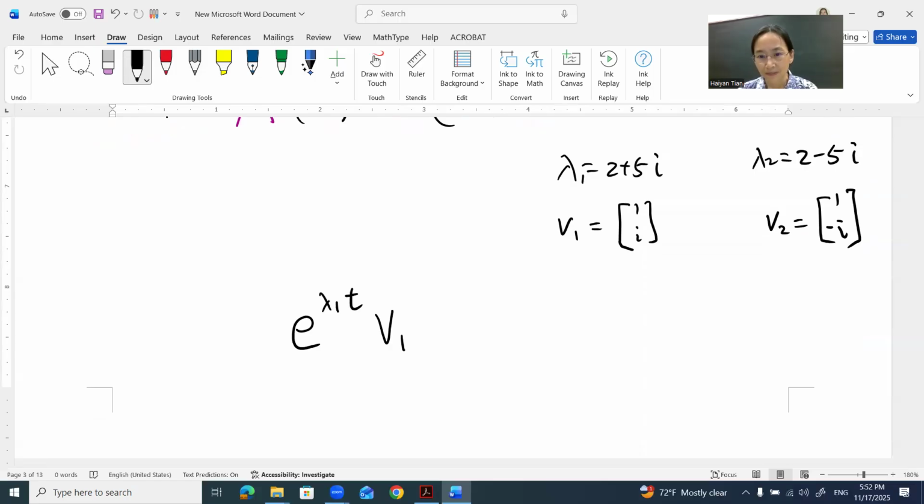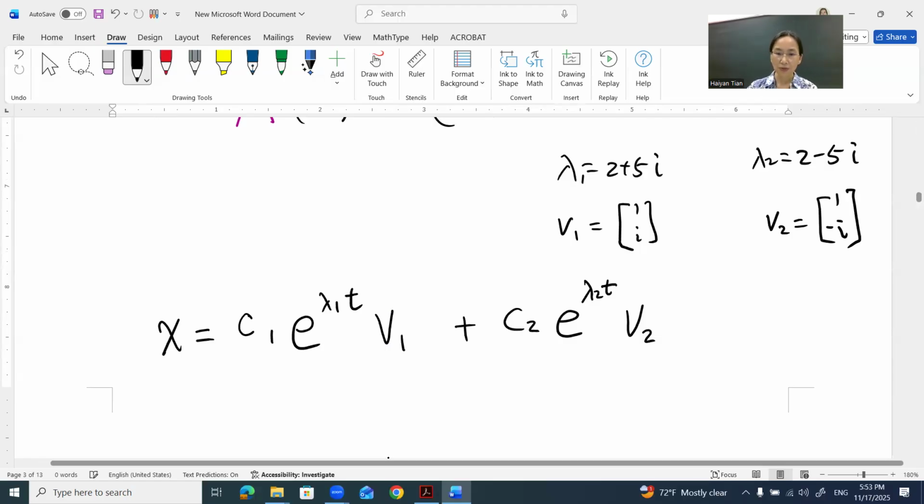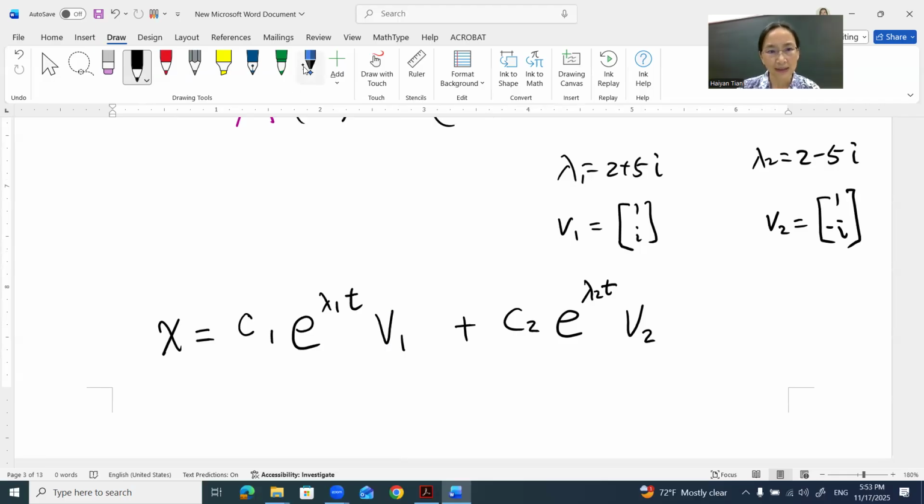Then e to the lambda 2 t times V2 is a second complex valued solution. A general solution is an arbitrary combination of the two, with C1 and C2. We can do this, but we don't like using complex valued functions to represent our general solution.